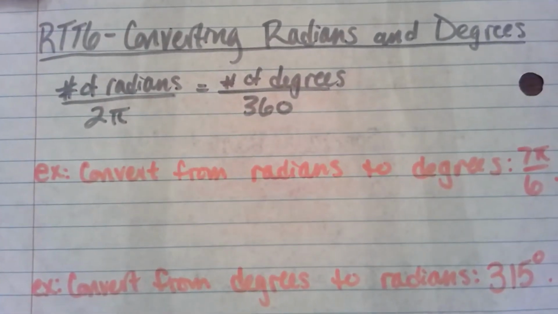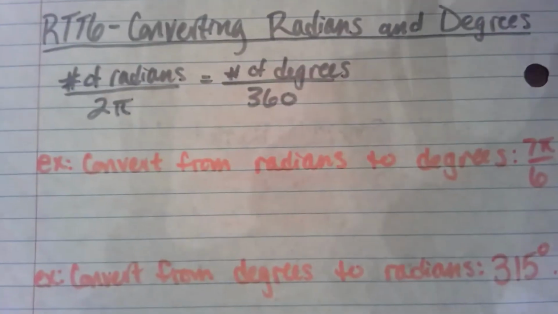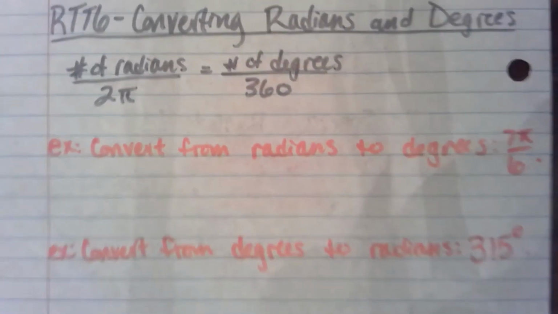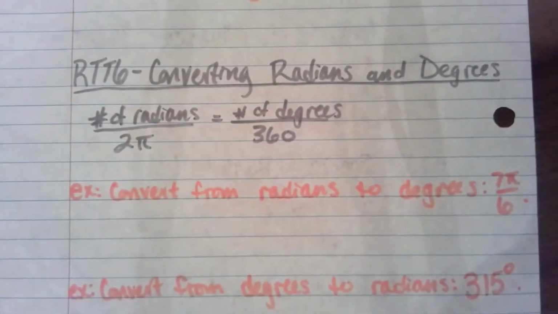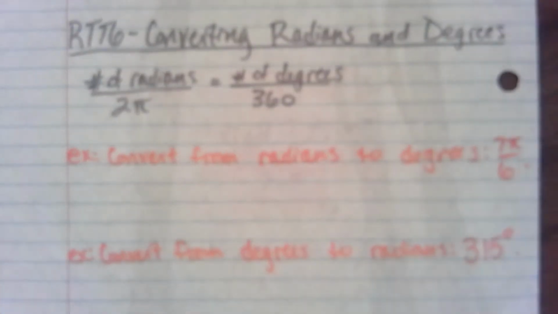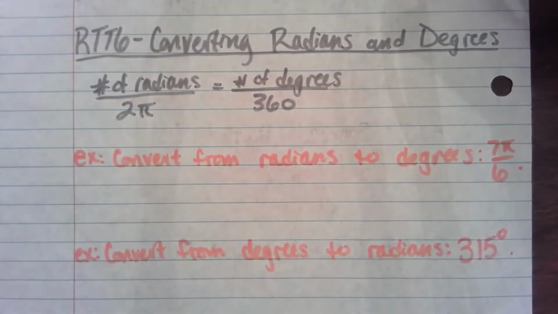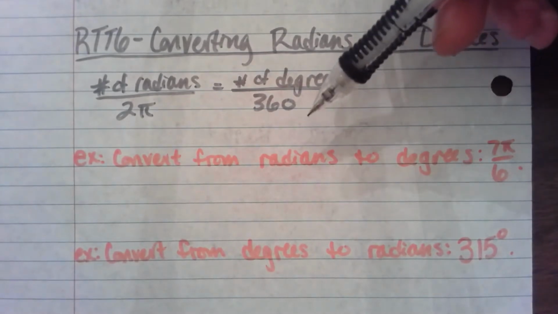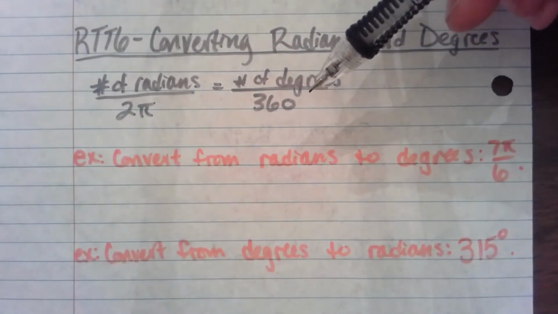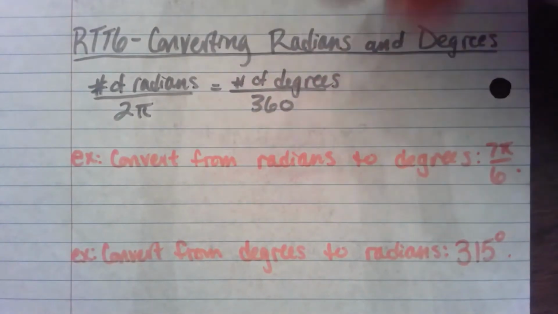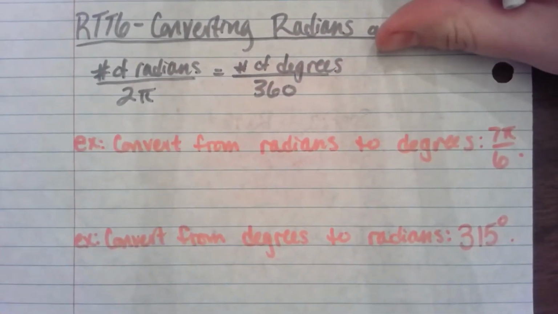And then what we just learned yesterday was converting radians and degrees. So if you watch that M&M lab video that I showed you, we found out that every circle has 360 degrees, and then there's another way you can measure angles, not just with degrees, called radians, which is based off of the radius of a circle.